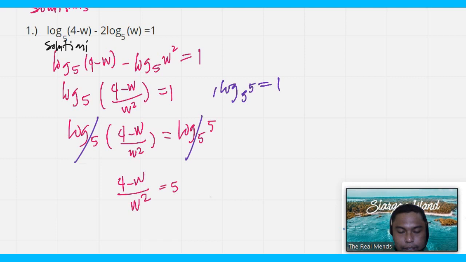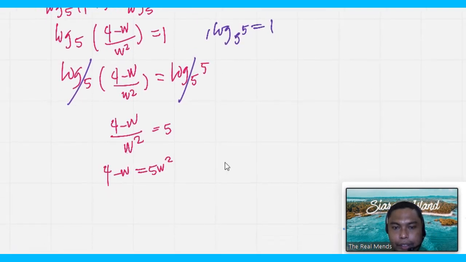And then we need to cross multiply. We have 4 minus w is equal to 5w squared, or we can rewrite this as 5w squared plus w minus 4 is equal to 0, and then factor out.